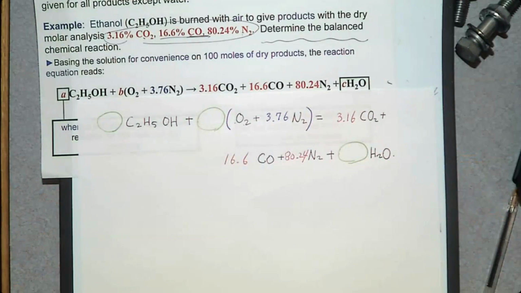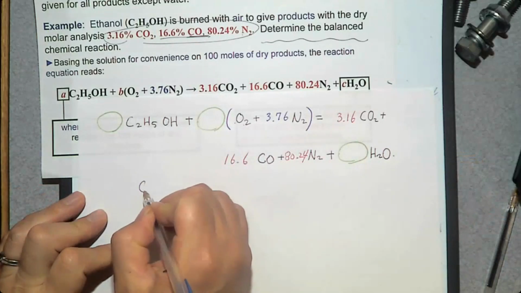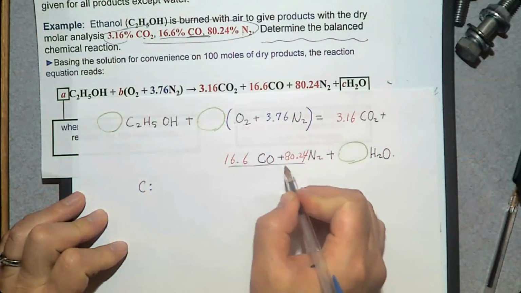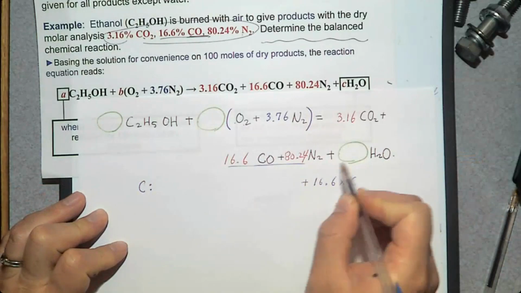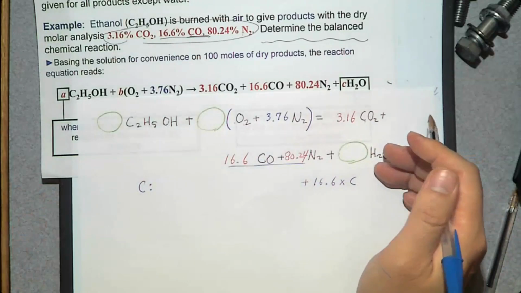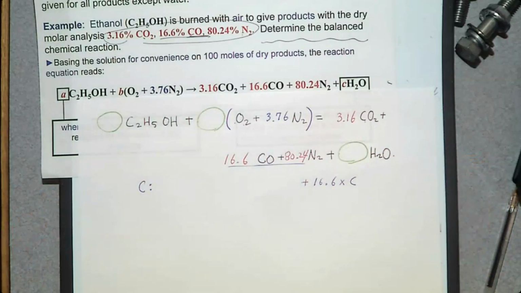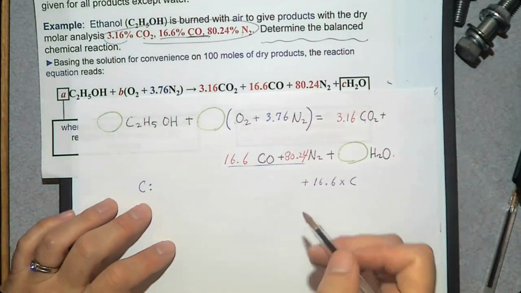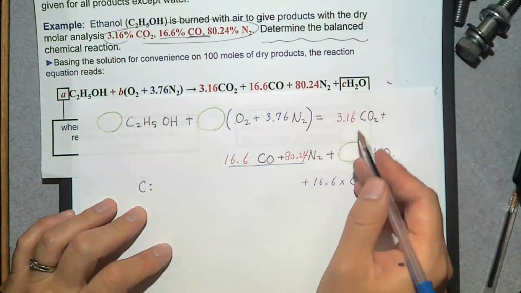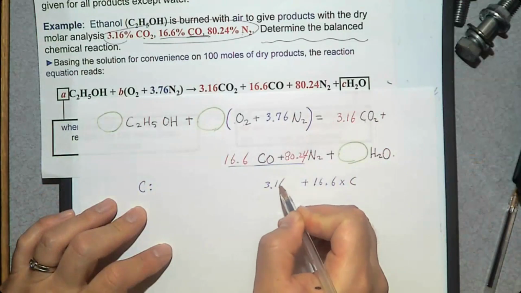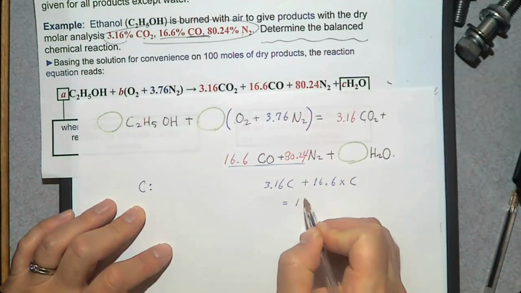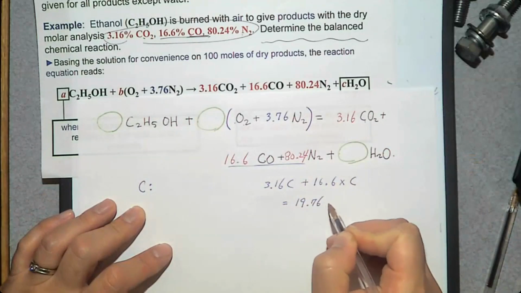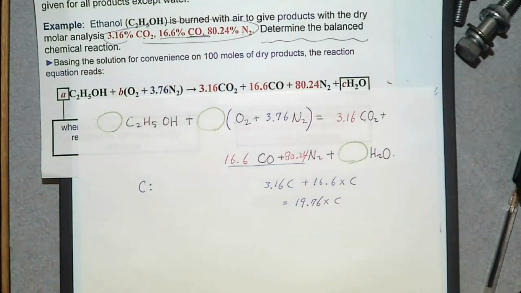So we can check the number of carbons first. We have 16.6 carbon here. So let's talk about carbon. So we have 16.6 of carbon plus, in the carbon dioxide, 3.16 moles of carbon dioxide. That means how many carbons do we have? Again, 3.16. So altogether, it's going to be 19.76 carbons.